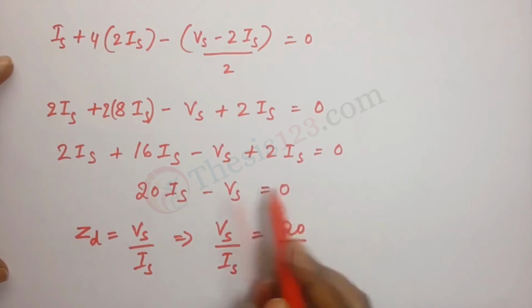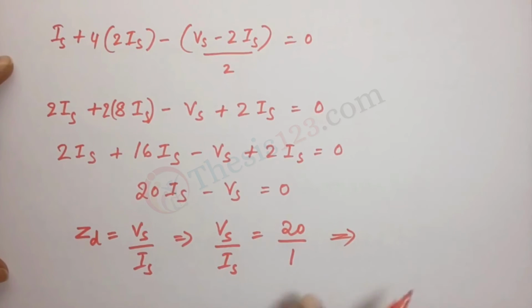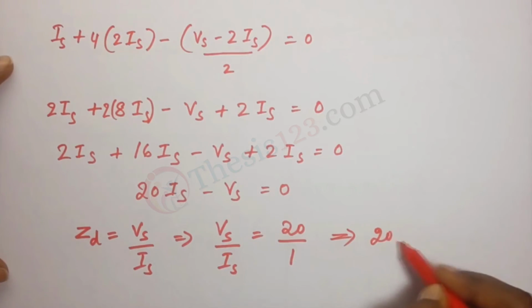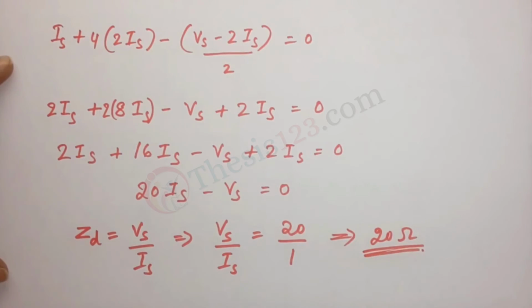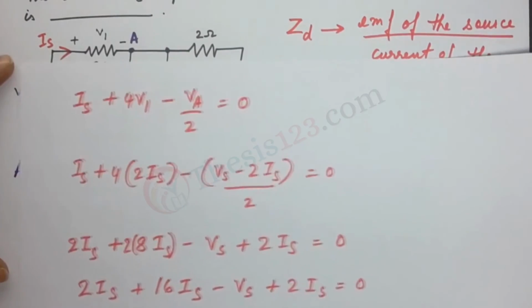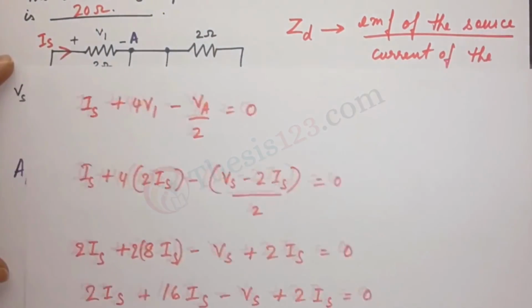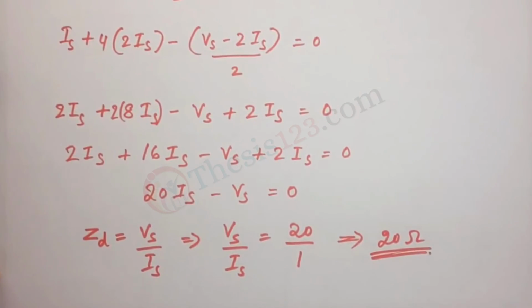If we take this to the other side and rearrange the terms a little bit, we'll get Vs by Is is equal to 20 ohms. This is our final answer. Right, it's not a multiple choice, so it's 20 ohm. I hope this has helped.